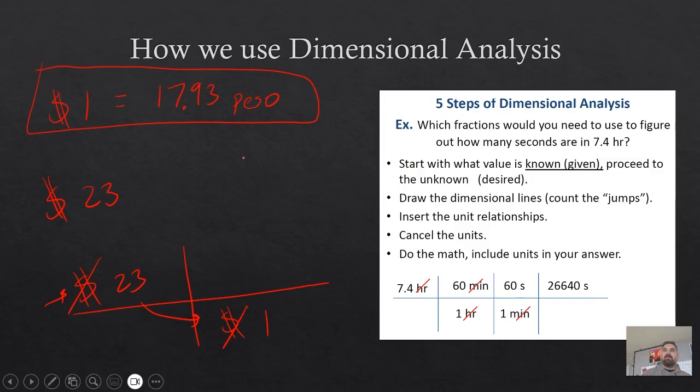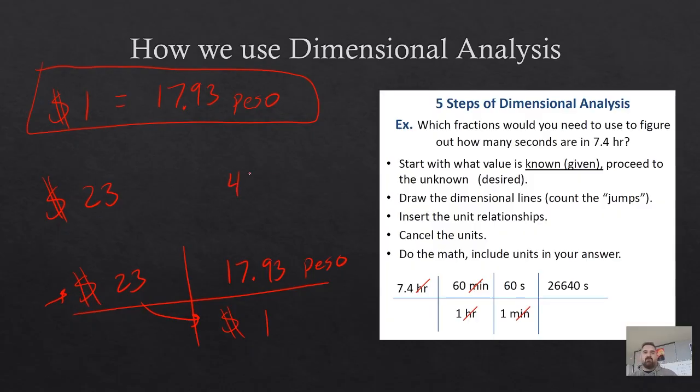But that's good for the people who are over there. It's bad for people visiting, trying to maximize their dollars. But anyway, you still have $23, and we need to figure out how many pesos that is. So we're gonna put our $1 at the bottom, and then our pesos go at the top. So 17.93 pesos, and then go ahead in your calculator: 23 times 17.93.